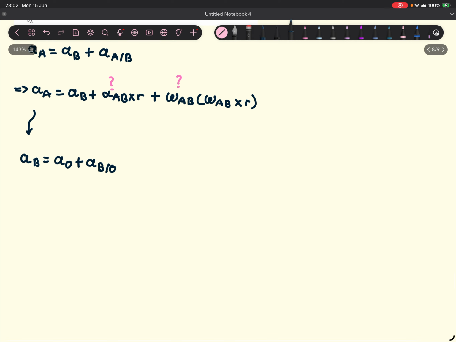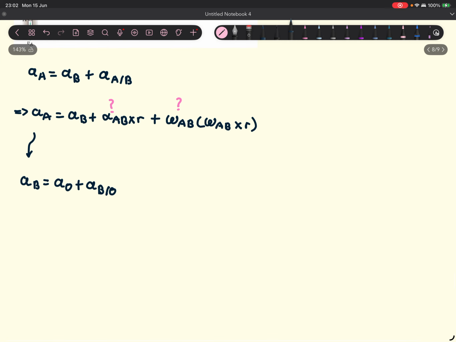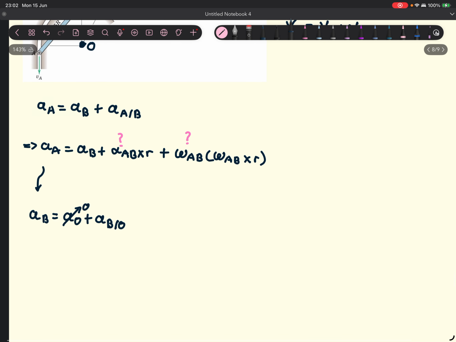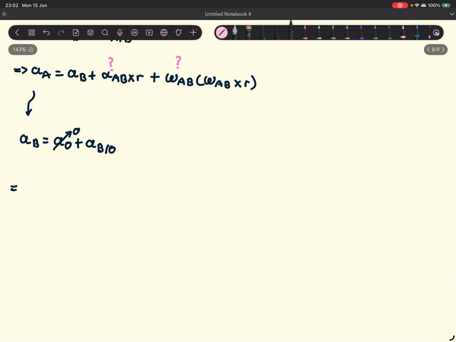So we have acceleration of B equal to acceleration of O plus acceleration of B relative to O. Acceleration of O is constant because the center of this whole circle doesn't move, right? So it's a fixed point. And then we're going to break this up into a tangential and normal component, this term over here.